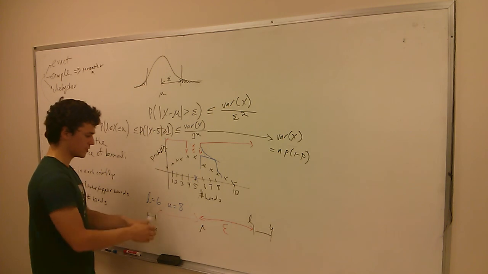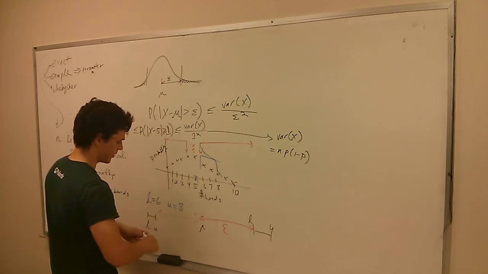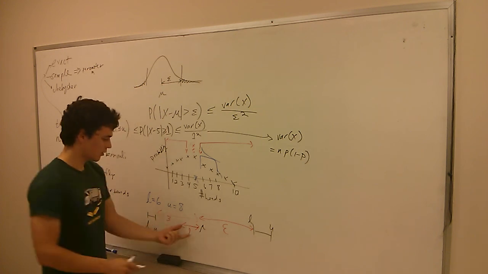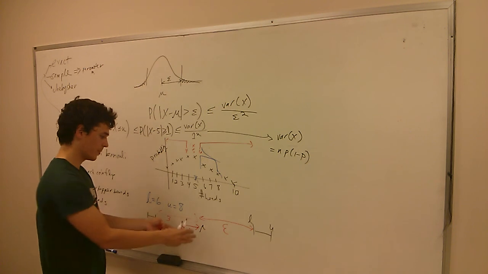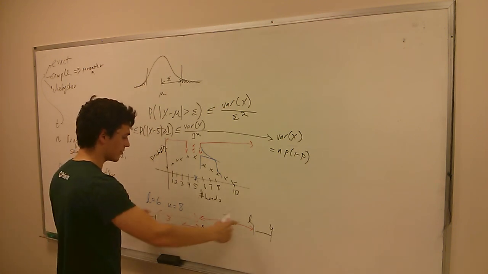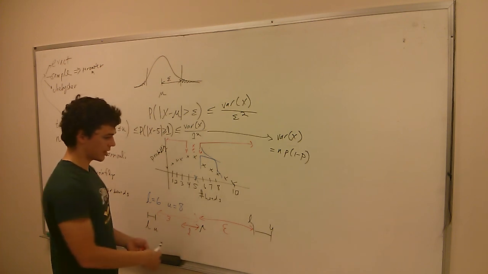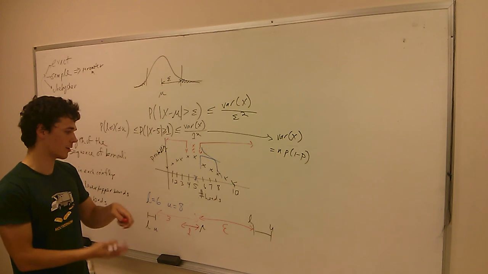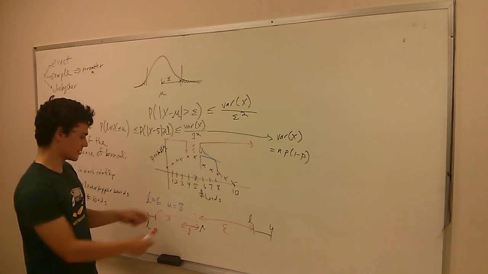So in this case, if we said epsilon is this, let's say epsilon is 1 in this case and it's 3 in this case. Well, this is also correct. So we could use this to get a correct bound, which would say the probability of being outside of this region is small. But that's not going to be as low a bound, so it's not as good a bound. It's not as close to the exact amount, right? So we want to get as tight a bound as possible.